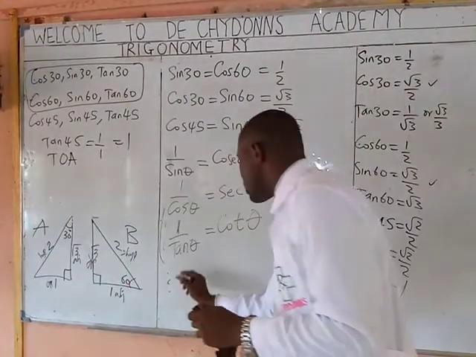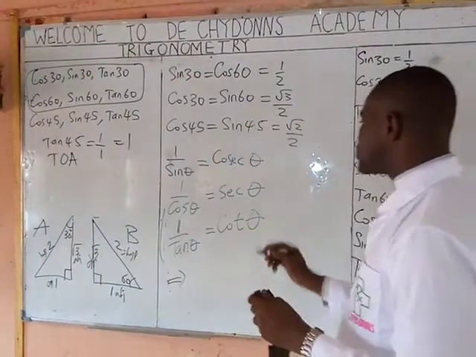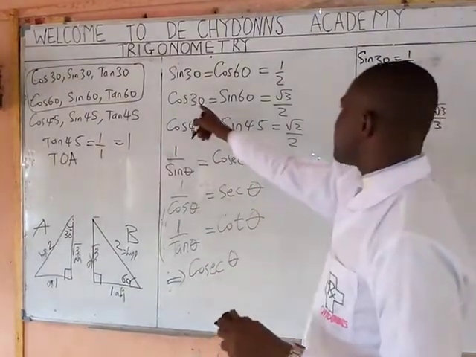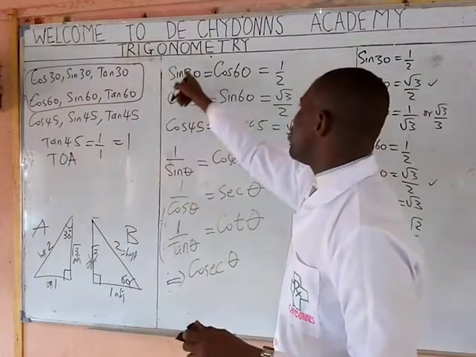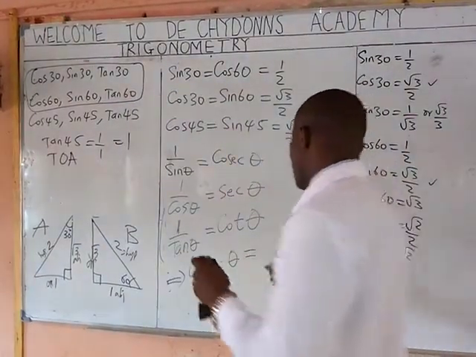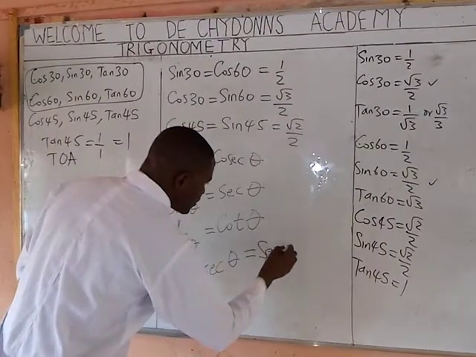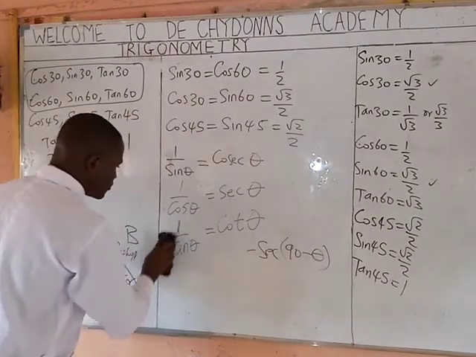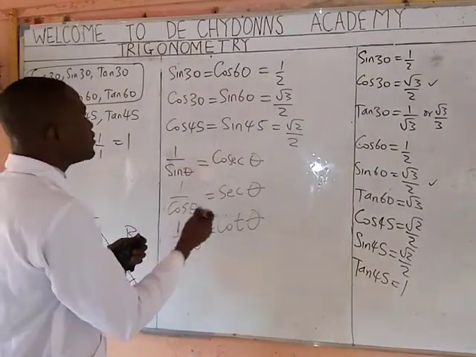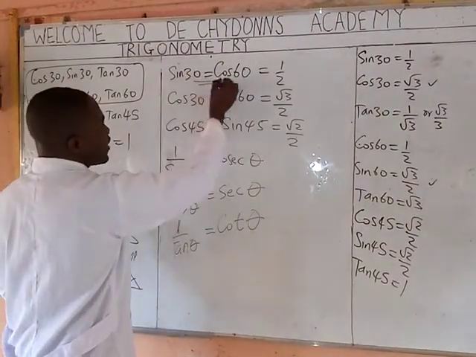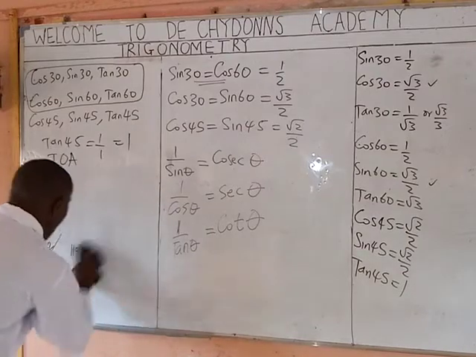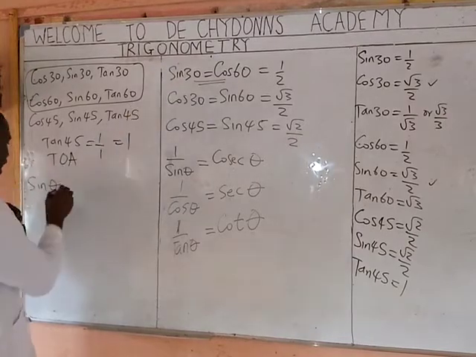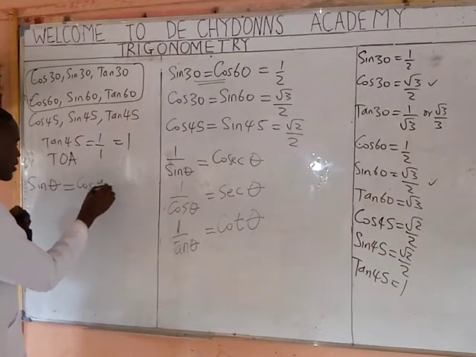The analysis we need to know is that from this, when you have sin theta, it will be equal to cos 90 minus theta.